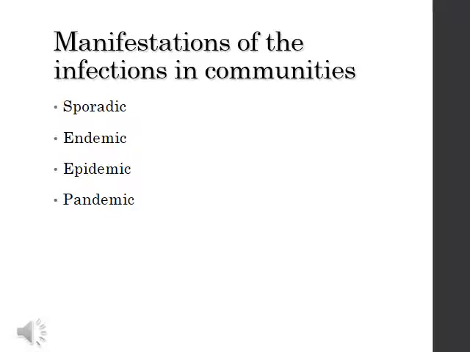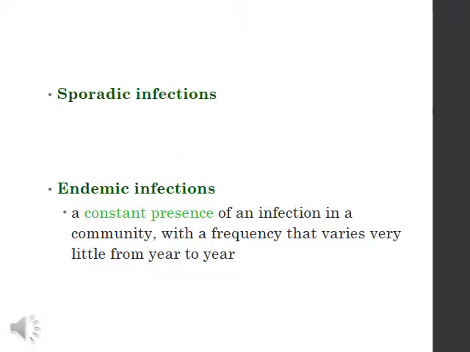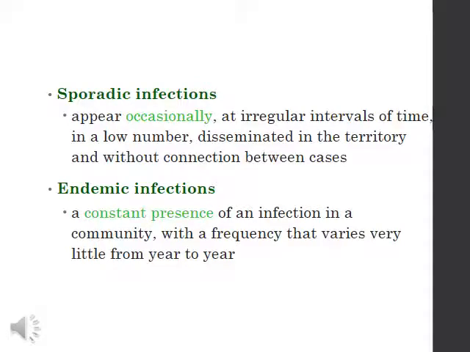These are terms used to identify the manifestation of infections in communities. So what are sporadic infections? Sporadic infections are those which appear occasionally at irregular intervals of time in low numbers, disseminated in the territory, and without connection between cases.